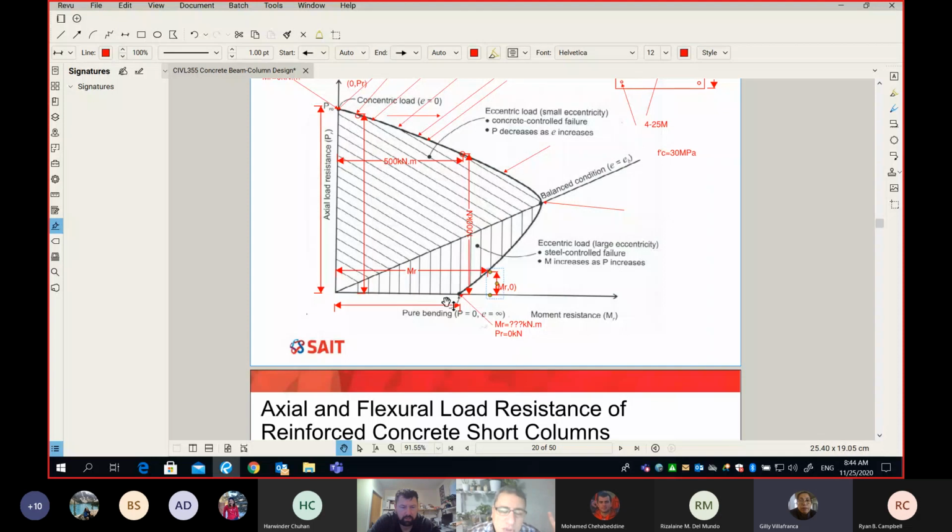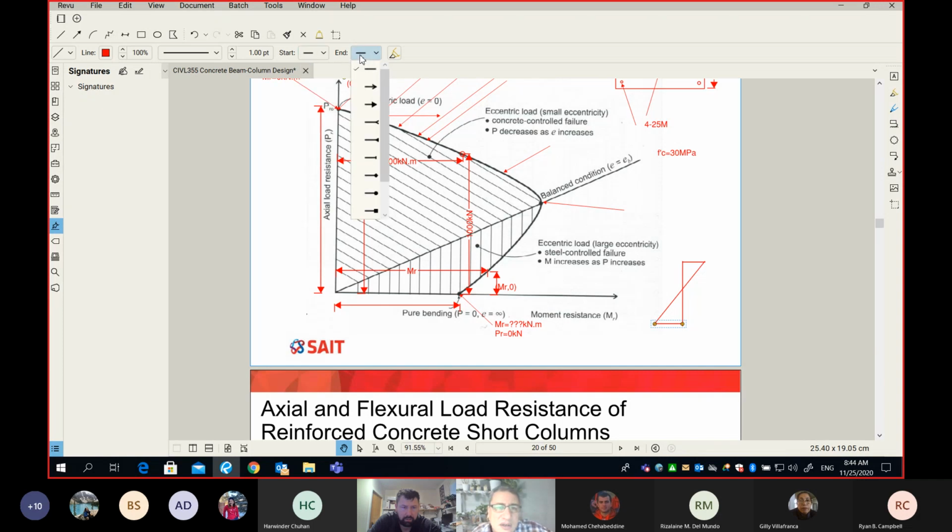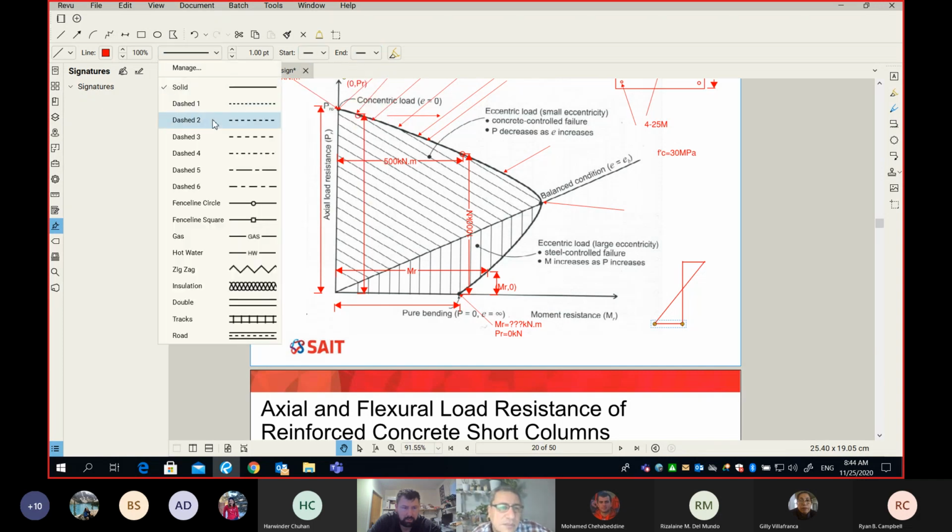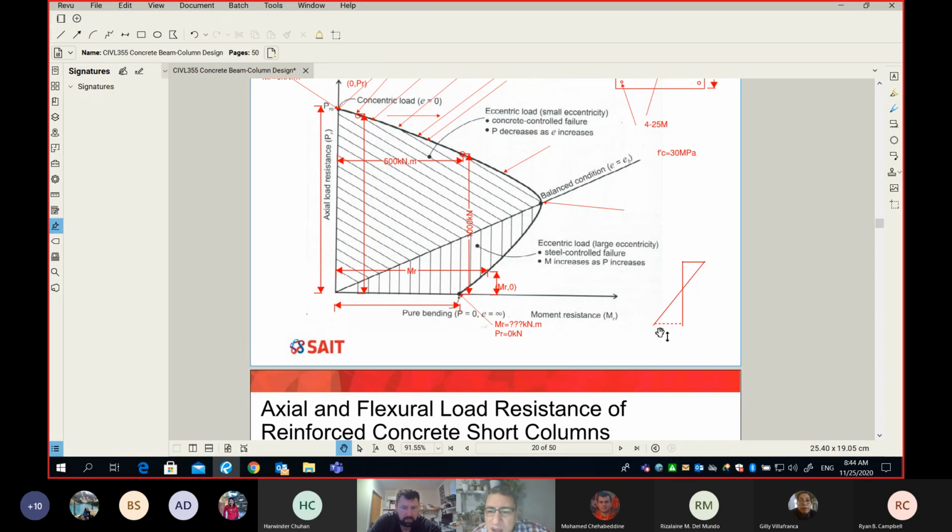I'll say it one more time. It looks like only Jerry is following. No, you're making it worse. Let me draw the section. Probably that's the only way you can understand. So here is the section. This is the strain diagram, compression on concrete, and then it goes this way. On the bottom side here, I have my rebar. This one here is my rebar because I'm applying bending moment.